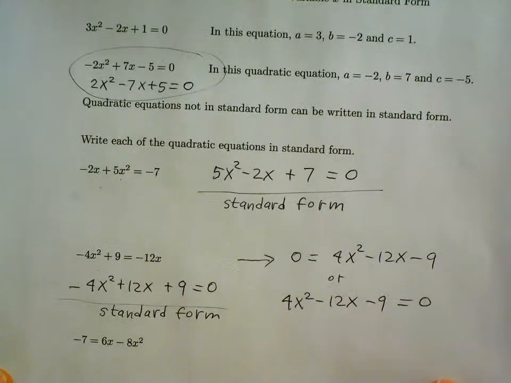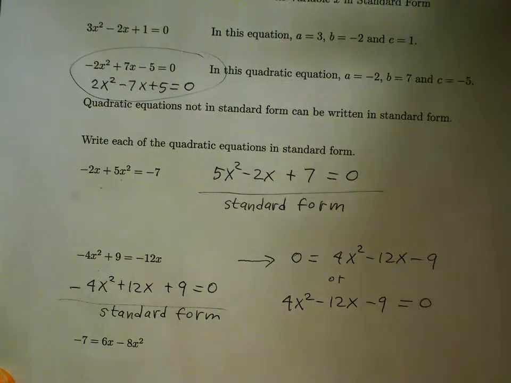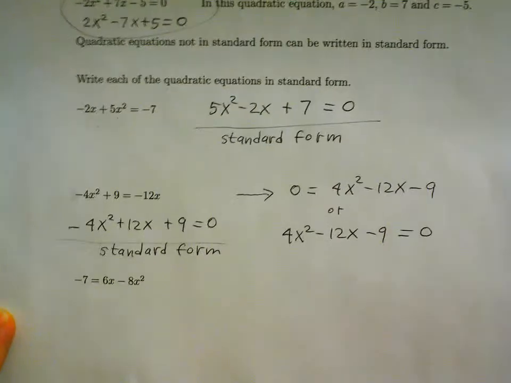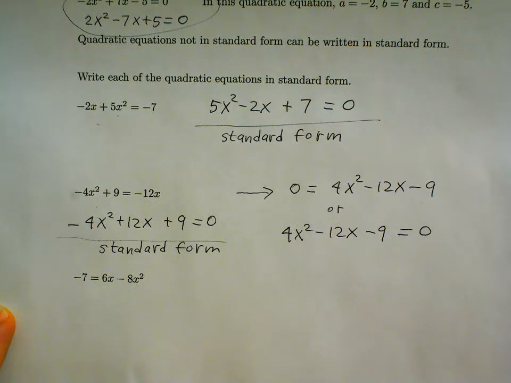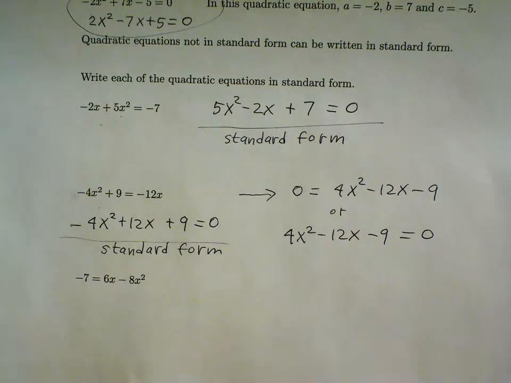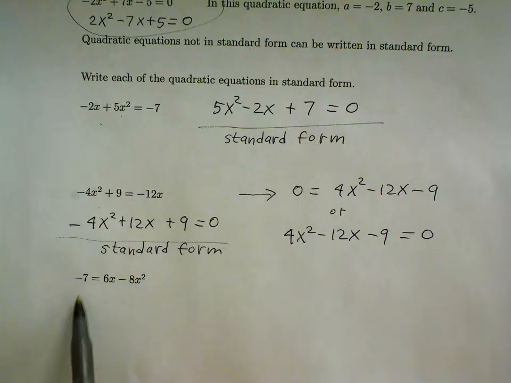Okay, the next one. Negative 7 equals 6x minus 8x squared. One option is just add 7 to both sides.